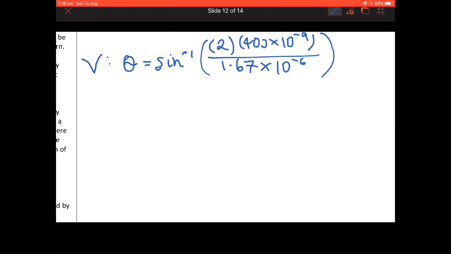So that was the distance between slits, and this will result in an angular position of 28.6 degrees. Sorry about the wonky 8 there.